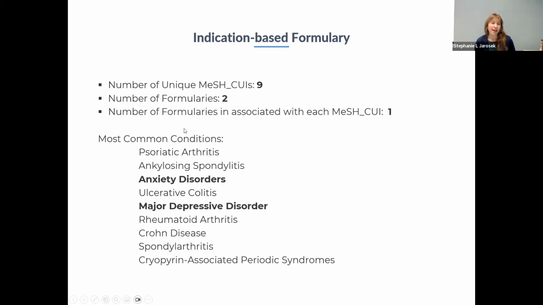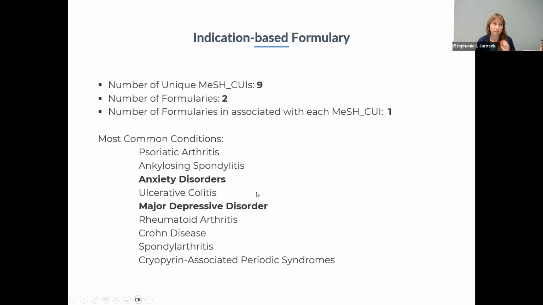And there's only 2 formularies currently on this. So the number of formularies that are associated with each one of these individually is only 1. There's 1 formulary that's covering anxiety disorders and major depressive disorders. And then there's another formulary that's got all of these other conditions on it.